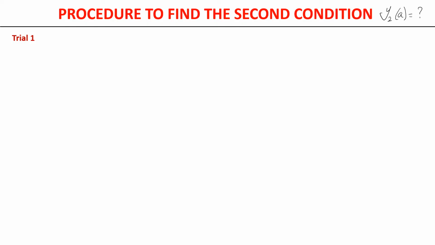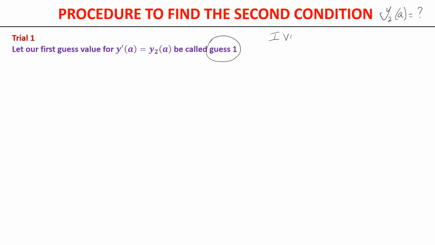For that we make an attempt. We call the first attempt trial 1, and we choose a value for y2 of a. The value that we choose for y2 of a is guess 1, meaning the IVP that is now completely defined will contain equations 3, 4, and what are the two initial conditions that we will have now? Y1 of A, which is alpha, is already known to us, and Y2 of A, which is what we are assuming in terms of trial 1, we call guess 1.